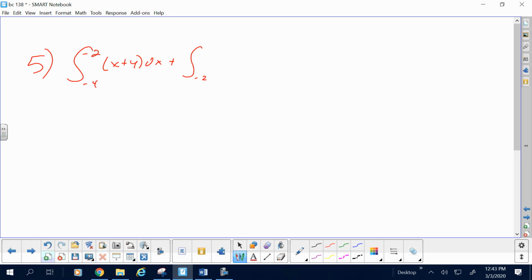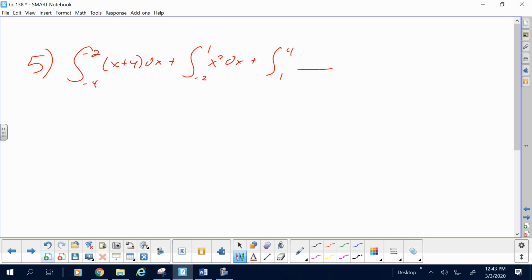Then you should go from -2 to 1 and use the second branch. That's how you integrate these, plus 1 to 4 on the last branch. Okay, thank you. You're welcome.